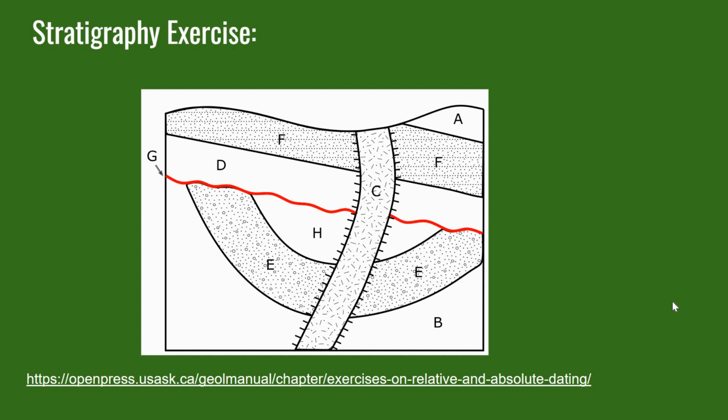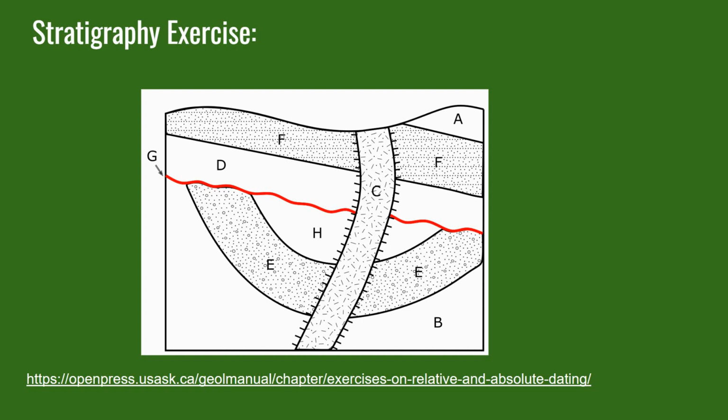So here's an exercise that you can do on the principles of stratigraphy. We have a number of rock layers noted by letters. We have an erosional surface G, as well as an igneous intrusion C. What you can do is try to order all the letters from oldest, or first formed feature, to youngest, or last formed feature.